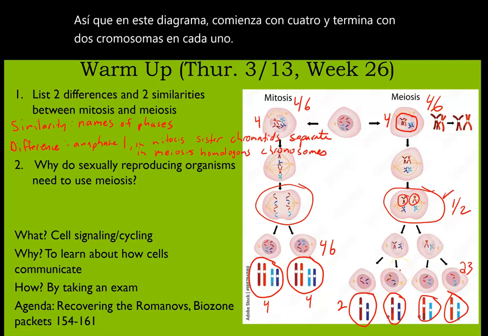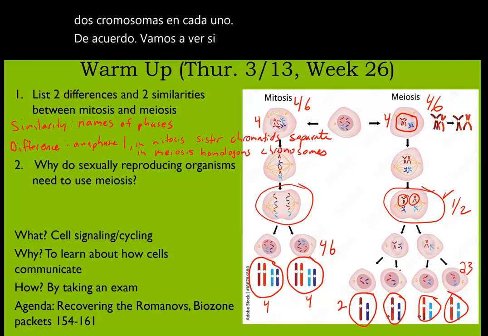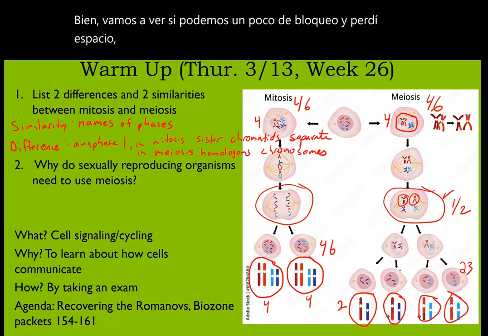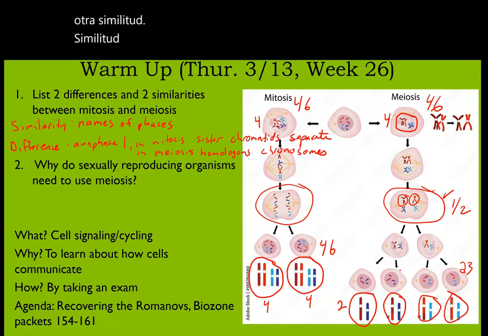Okay. Let's see if we can, kind of getting blocked, don't have a lot of space, but another similarity, Nico, similarity between the two. I mean, what are created, Nico? You take one cell and you make what? 4 or 2, both of them create new cells, right?